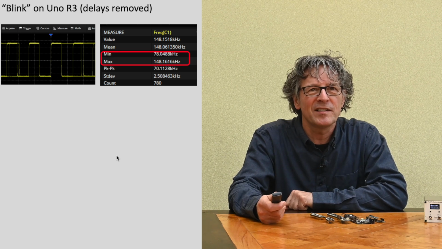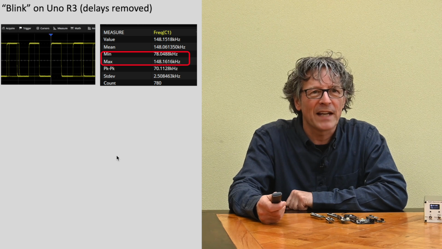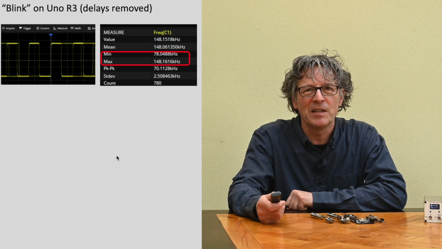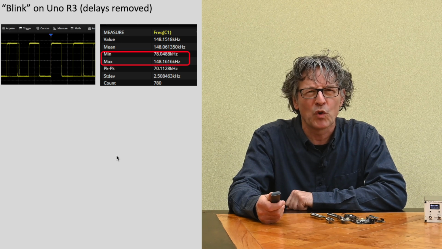So we can already see in the waveform that there's something going on with our clock code, and it's not entirely stable and repetitive. We also see in the statistics measurements a minimum and a maximum that are pretty far apart, and we also see some standard deviation coming up.